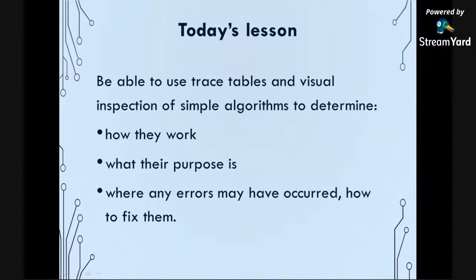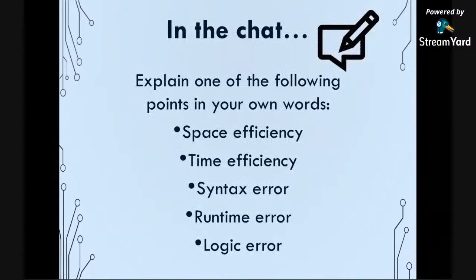So with that in mind, I've got a little task for you in the chat. Can you explain one of the following points in your own words? There are 5 things there. You can pick one of them. I know we've not got many people watching live, but I'm hoping that number goes up quite quickly.